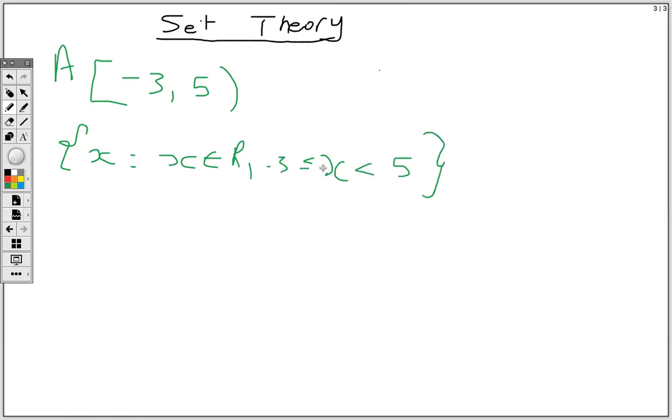Now, if you look at this, it's telling me it's between -3 and 5. Once you have this square bracket, then on this side for -3, I'm going to have equal to. Because we have a curved bracket, meaning we're not using the 5, then we're not going to have any equal to here.